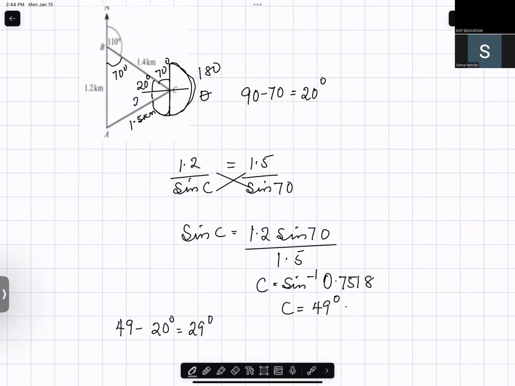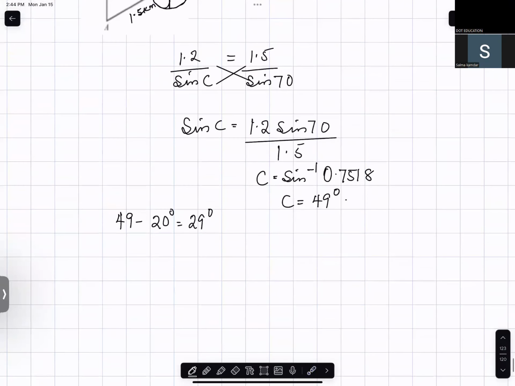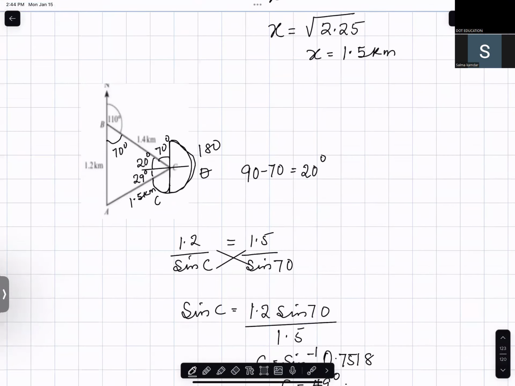So the angle at this point here is 29 degrees. But taking a look at it again, here is 90 degrees. So in order to get this angle marked here, I have to do 90 minus 29 degrees. That gives 61 degrees. So we've gotten this angle here as 61 degrees.